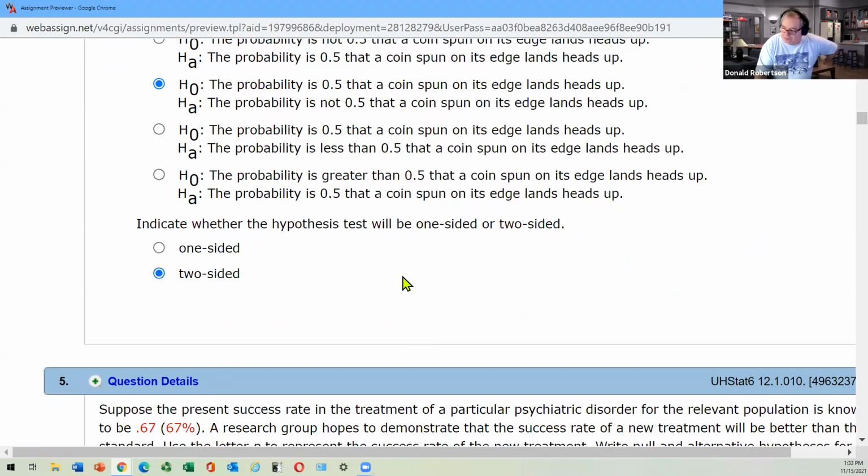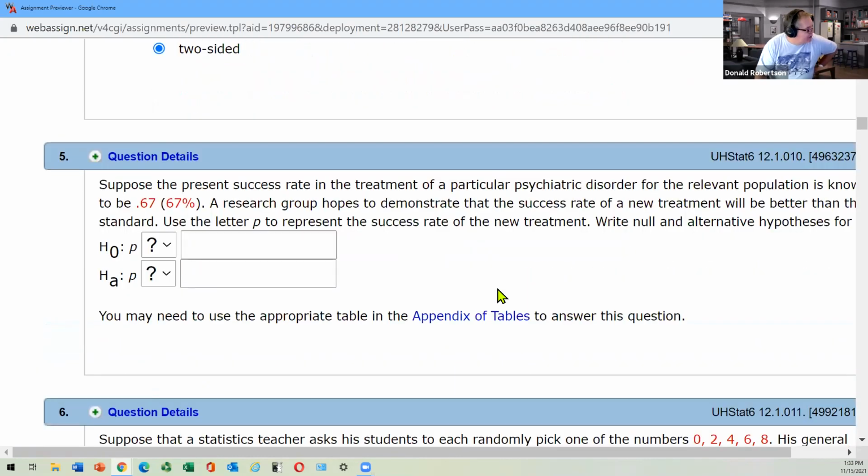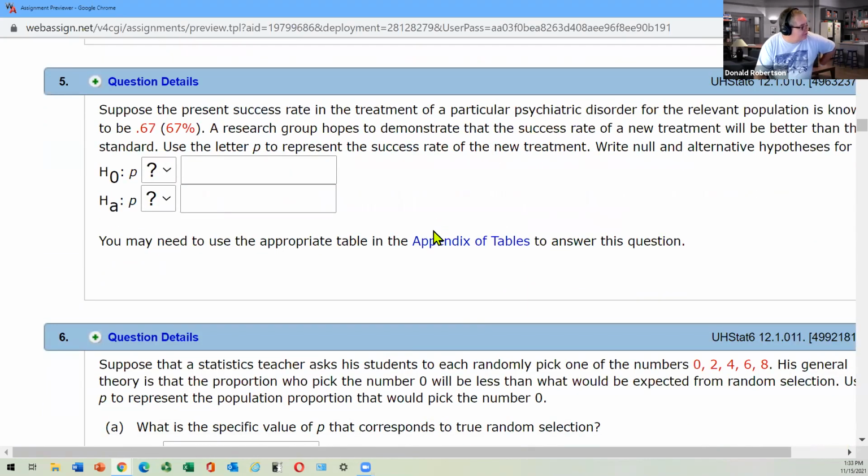Agreed, not equals, two-sided. Here's our first story with some numbers. Suppose that the present success rate for a particular treatment is 67%. A research group hopes to demonstrate that the success rate of a new treatment is better than that. So the null hypothesis is that the new treatment doesn't do anything better, it's still 0.67.